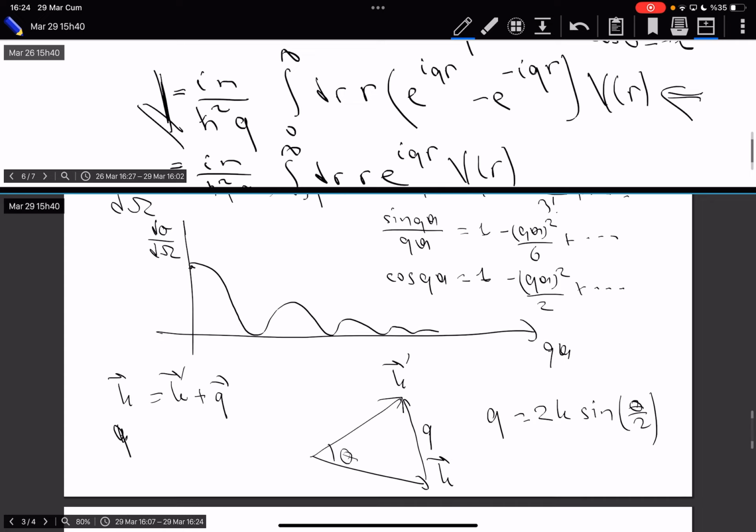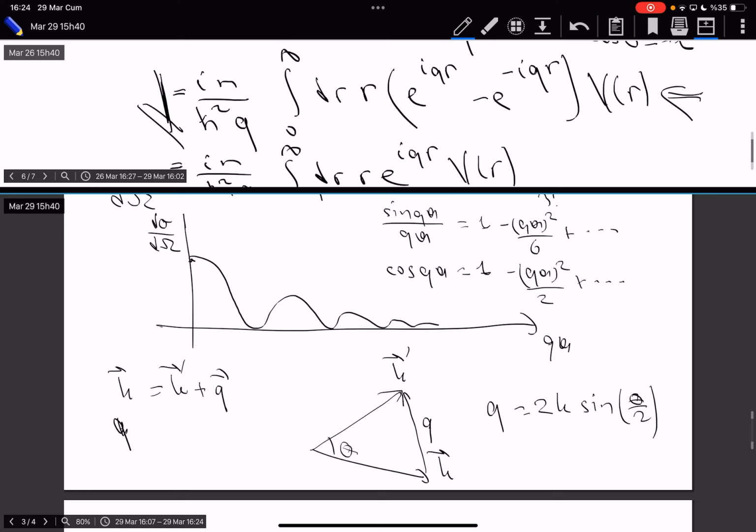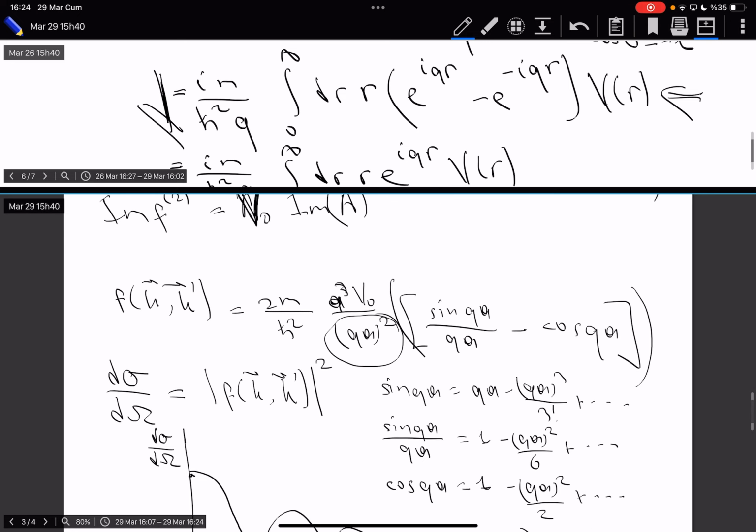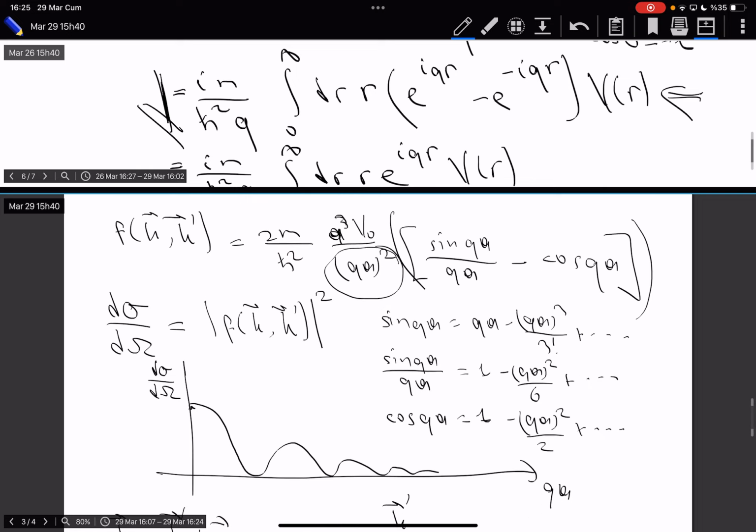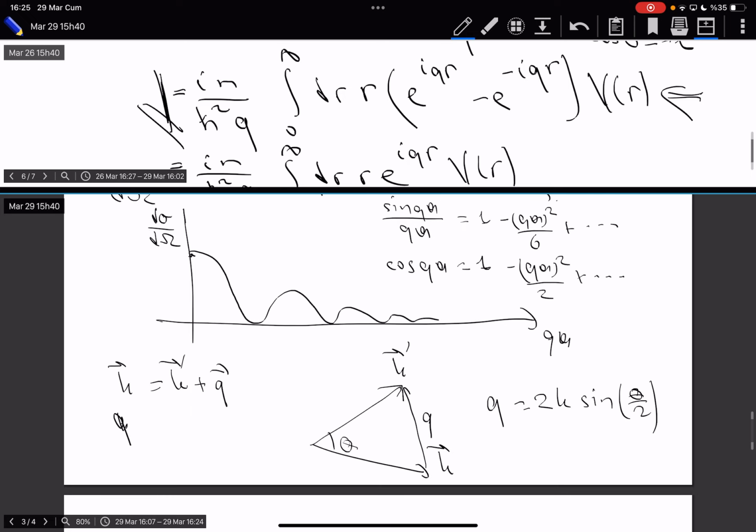Anyway, back to this graph. This cross-section has zeros at given values of Q times A. Now, Q gets larger as theta becomes larger, at least close to 0, let's say. So as theta becomes larger, Q gets larger.